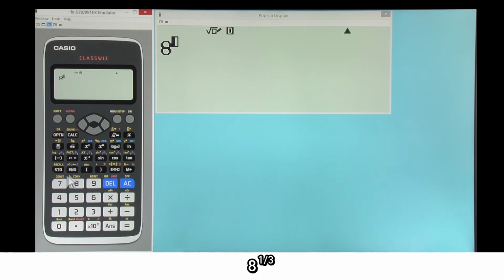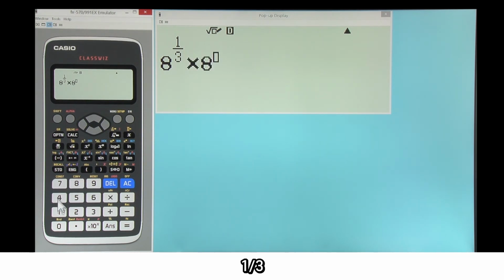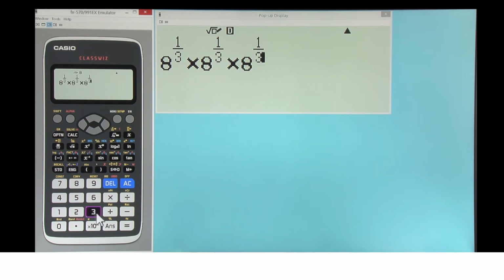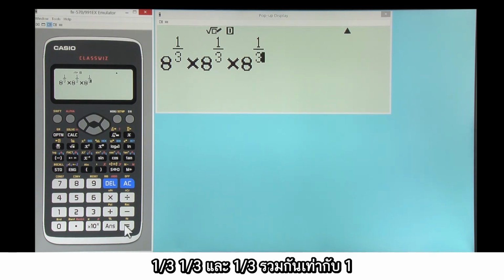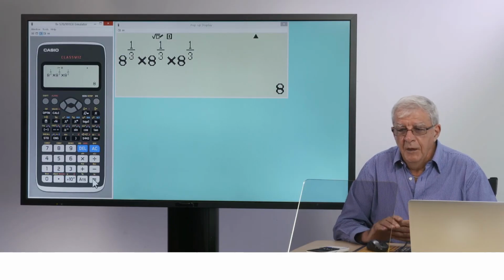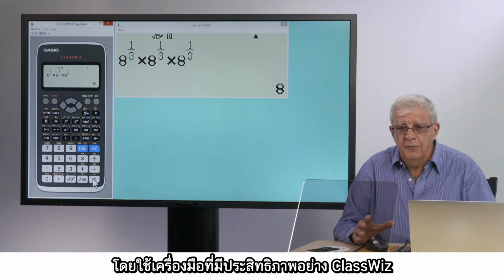Perhaps it might mean that if we multiply that by itself, 1/3, and again by 1/3, we should get, if the laws of indices are operating, a third and a third and a third add to 1, and so the result will be 8 to the power 1. And they can explore this topic even further using their Class Whiz as a powerful tool.